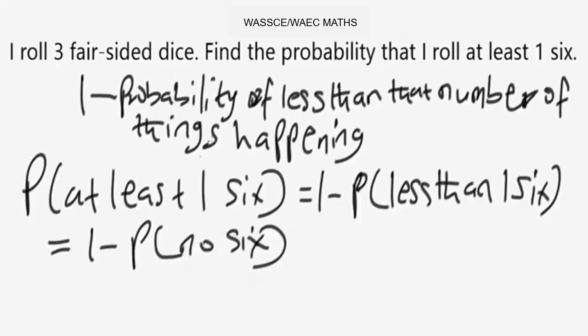Now that we have expressed this mathematically, the next thing will be to work out probability of no 6.